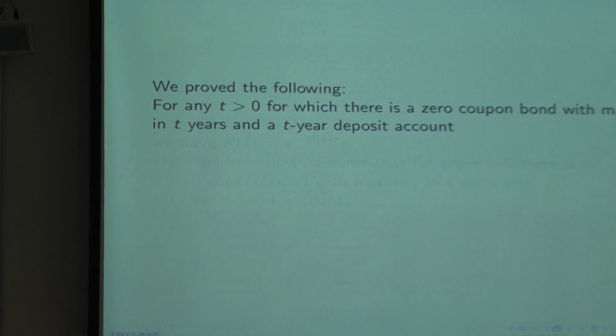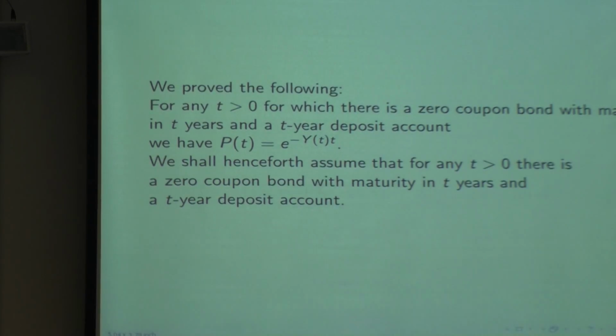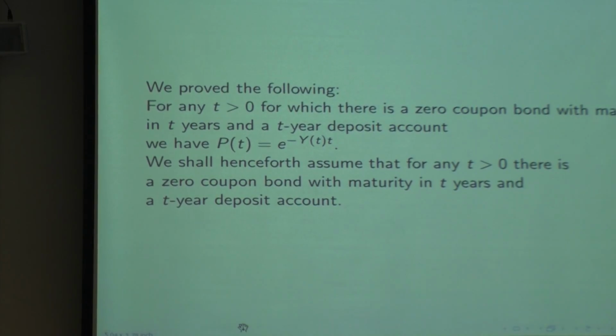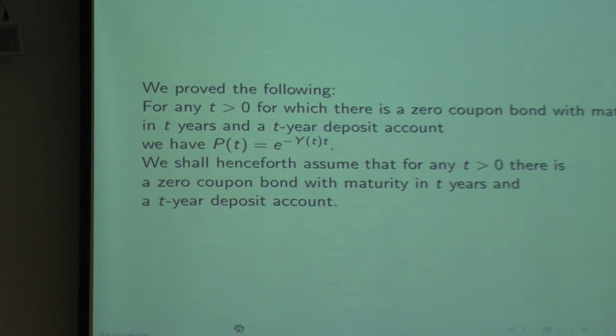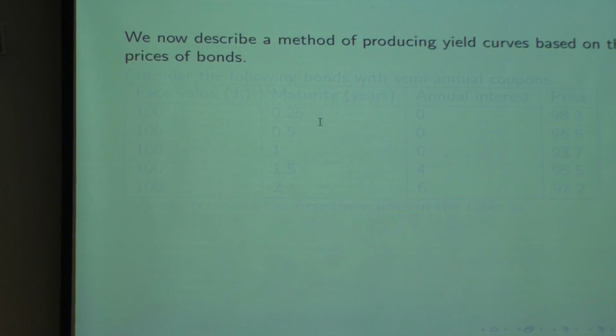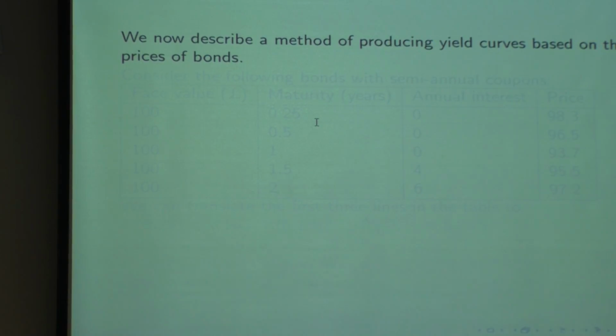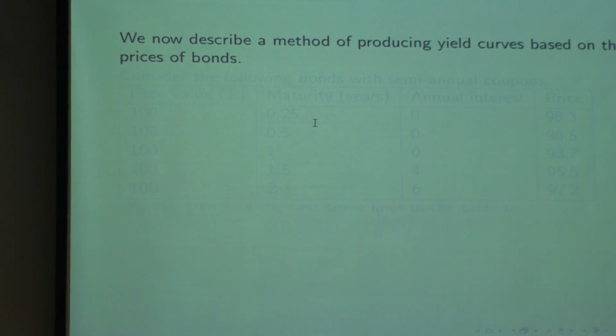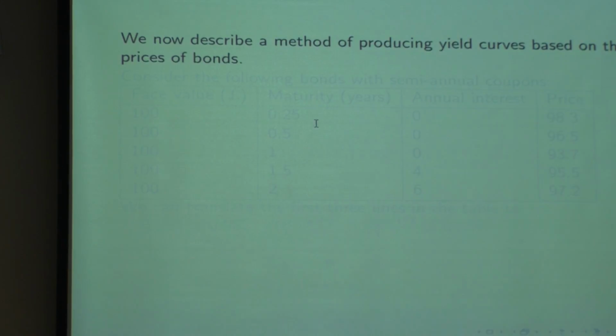So from now on, we're going to assume that you give me any time in the future, and I can tell you what is P of that t and what is y of that t. And now let me show you how you find out these functions. How do you compute P of t and y of t? And the first question should be, what data do you use to compute these functions?